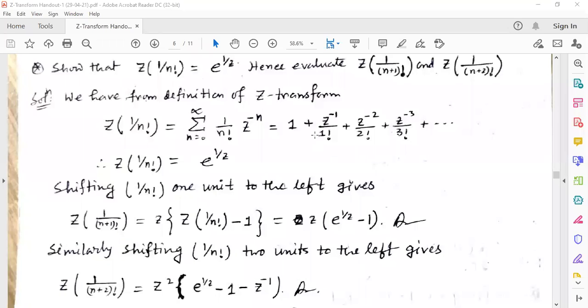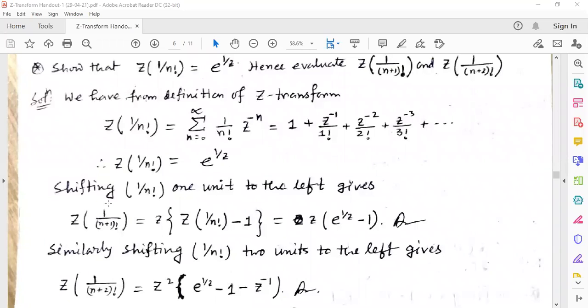So 1 plus z to the power minus 1 by factorial 1 plus z to the power minus 2 by factorial 2 plus z to the power minus 3 by factorial 3 can be written as e to the power 1 by z. So we have got the first part. This part is proved: the z transformation of 1 by factorial n equals e to the power 1 by z.